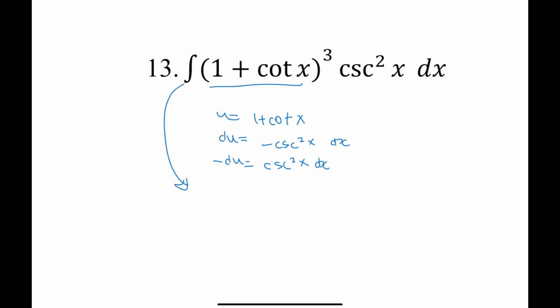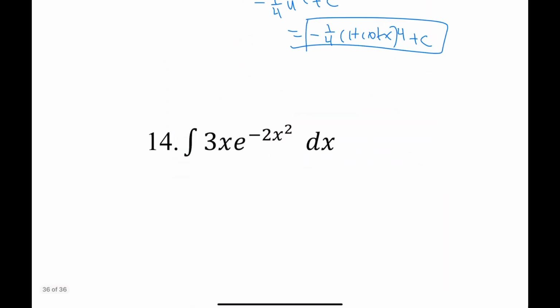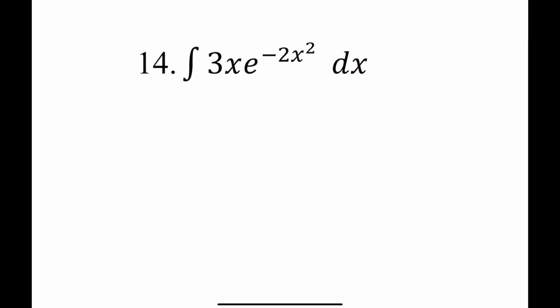So this is going to be equal to negative u to the third, and then our du. Or negative 1/4 u to the 4th plus c, or negative 1/4 (1 plus cotangent x) to the power of 4 plus c.